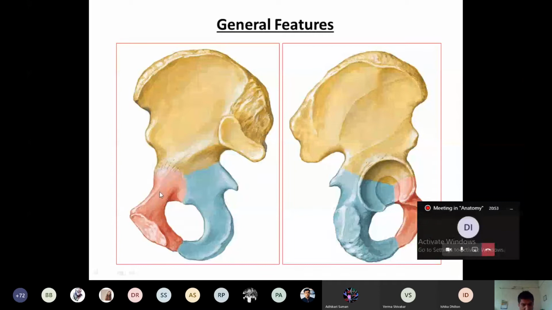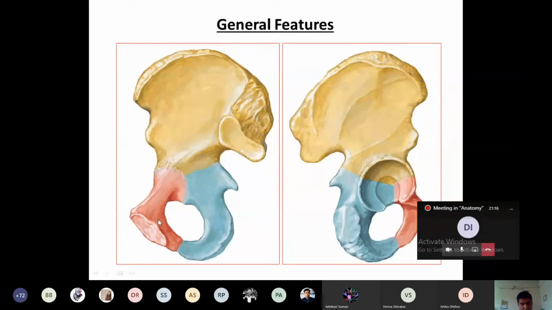And now here come to the pubis. This one is the pubis. Pubis has body. This one is the body of the pubis. Body of the pubis consists of the three surfaces. Here you can see three surfaces of the pubis. The one which is facing towards the pelvic cavity is known as the pelvic surface.